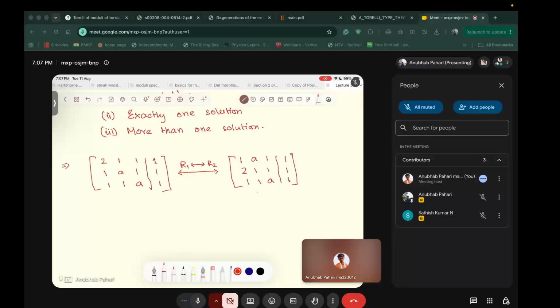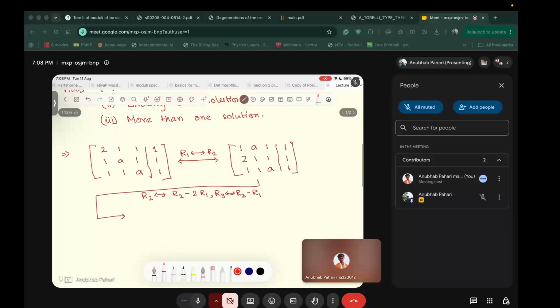Second method, what we will do is replace R2 with R2 minus 2R1, and replace R3 with R3 minus R1.